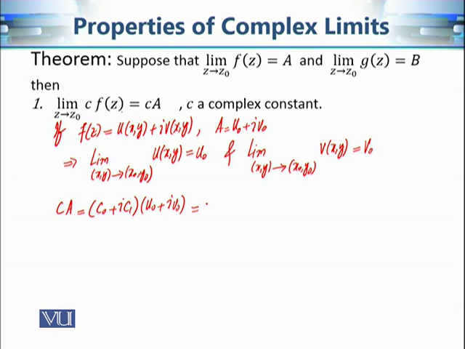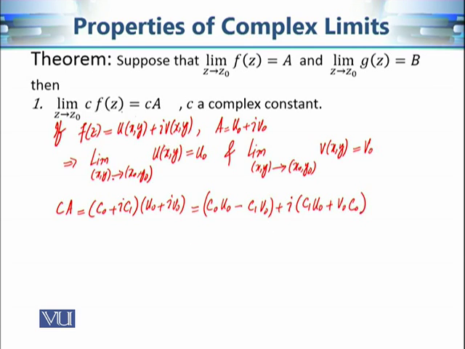Now let's multiply them and find their real and imaginary parts. So, c naught u naught minus c1 v naught plus iota times c1 u naught plus v naught c naught.